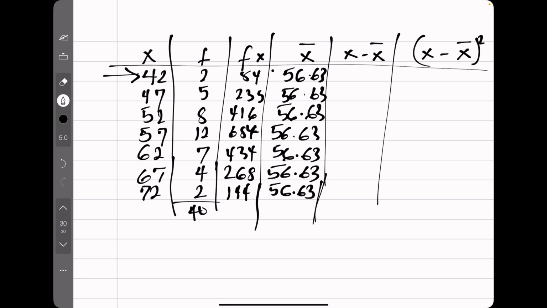So x minus x bar is 42 minus 56.63, and you should get 14.63. You should get a minus, but now we are taking absolute. These two sides by the side show absolute, that is, negative is not allowed. So the answer we'll get here would be 14.63.